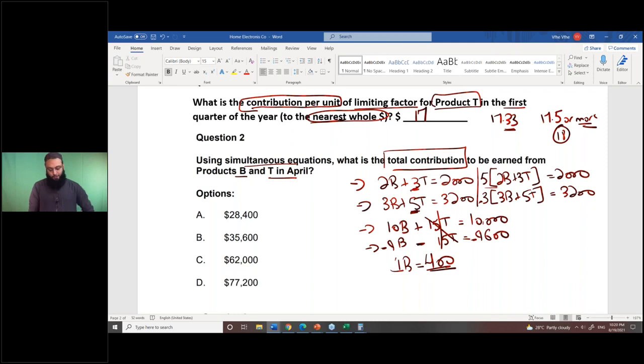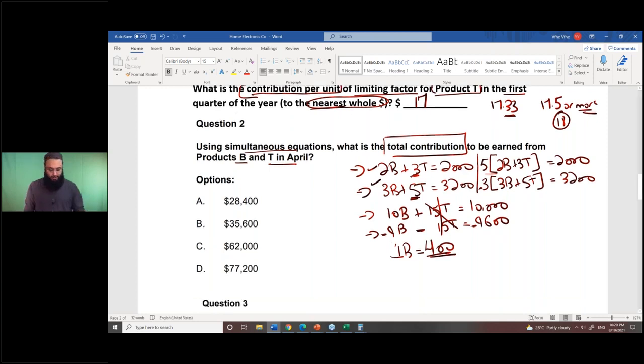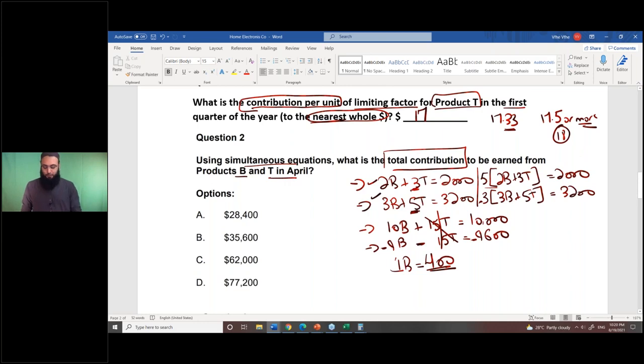Now, once you have found the answer for b, you can find the other using the other equation, or whichever equation you want. Just input this number in either of the equations and you will find the answer, right? So b is 400. Let's input it in the first equation: 2 times 400 plus 3t is equal to 2000.